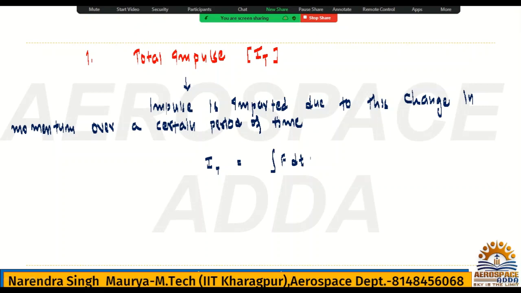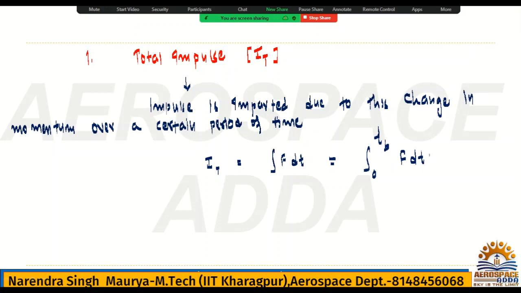So I have given the integration here. If I'm integrating this from initial time, which is 0, to burning time, TB. TB is the burning time of the propellant, F into dt. So this is nothing but total impulse.